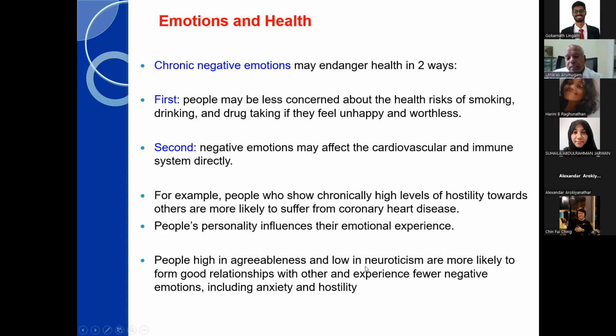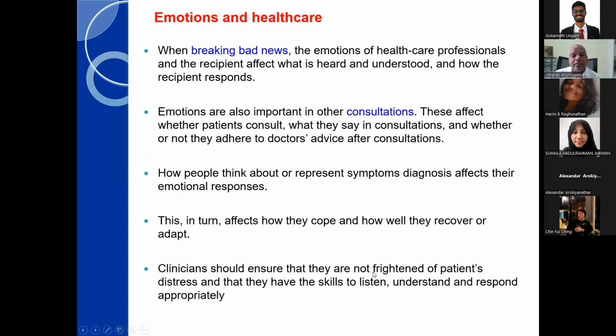Low neuroticism means simply they are less worried. They don't ruminate and worry too much. So if you can get on with people and you don't worry too much, of course you will have good relationships with others, and therefore your emotion won't be so negative and you won't be anxious or hostile, usually.